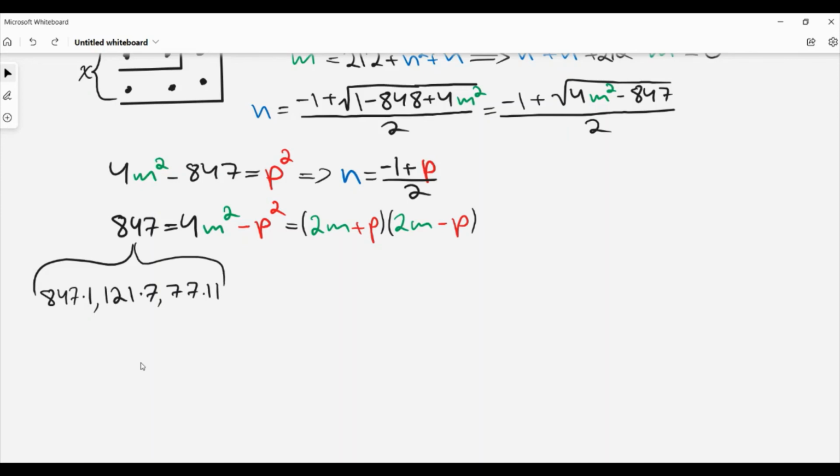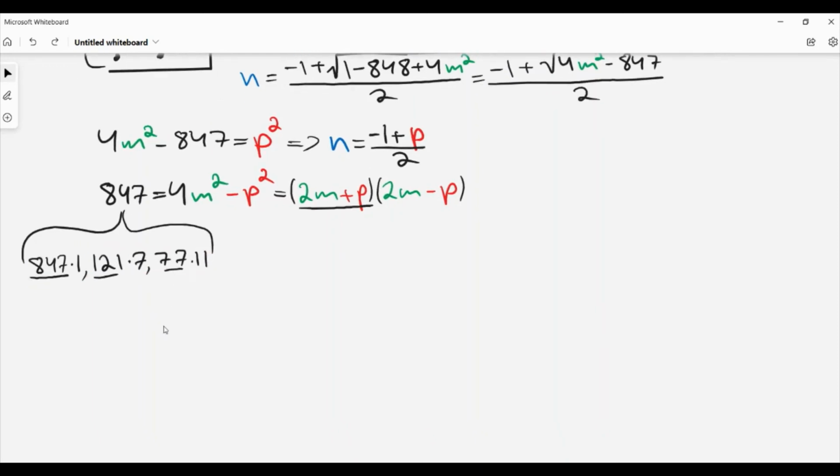So its factors are this right here: 847 times 1, 121 times 7, and 77 times 11. Those are its factor pairs. Now notice that 2m plus p is obviously greater than 2m minus p, so 2m plus p corresponds to either 847, 121, or 77. And so we can set up 3 systems of equations.